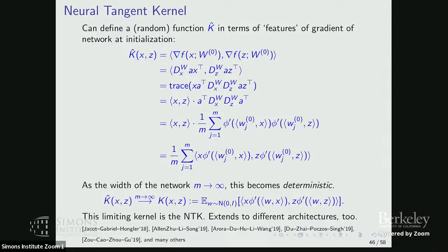We use the cyclic property of the trace to bring this z transpose over here. Then we have z transpose x times something else that's a scalar, so we can take z transpose x out. This should not be a perp there, but this is a scalar quantity, and we write out what it is. It's the average of the products of these phi primes on different x's and z's.